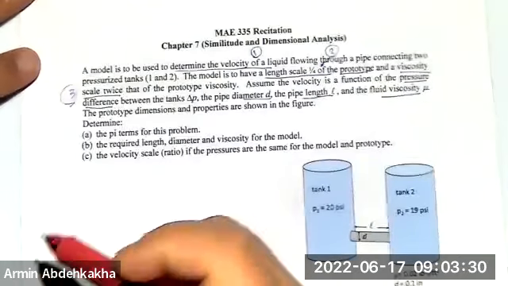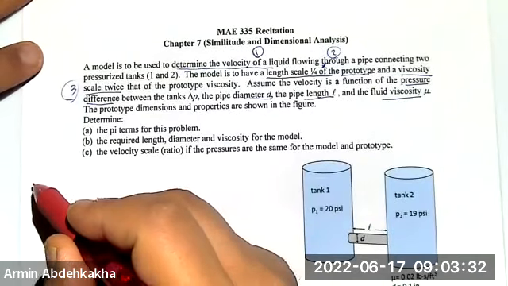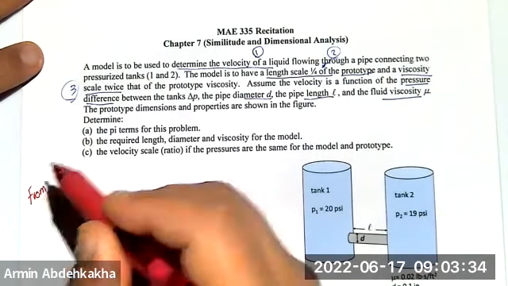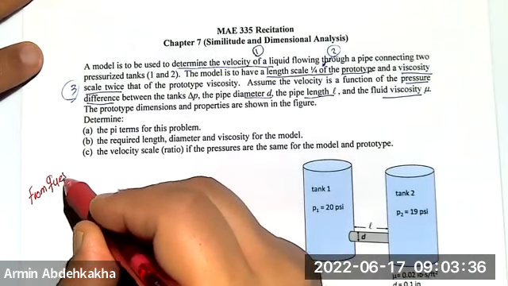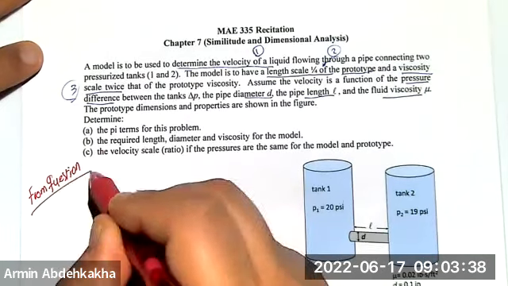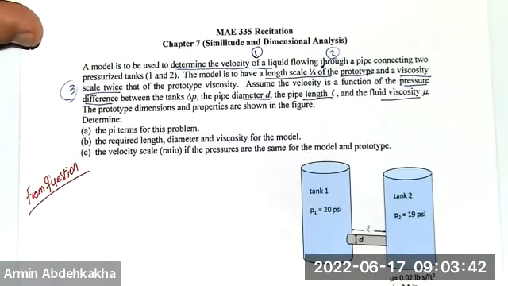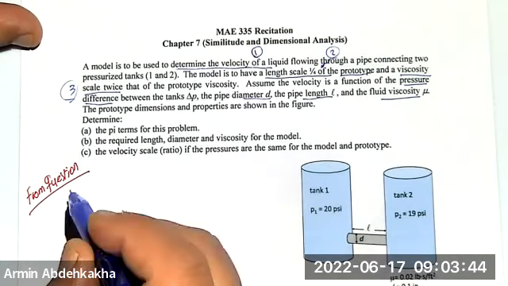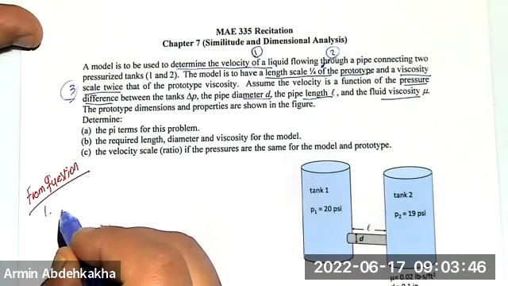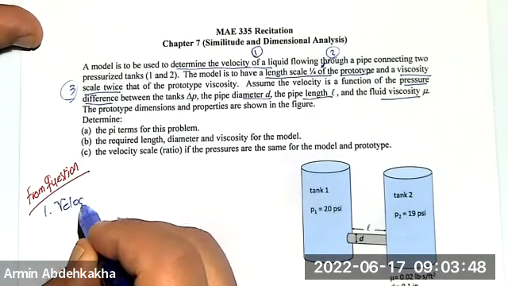Okay, so let's summarize or decode from the question what we have. First, velocity is a dependent variable.